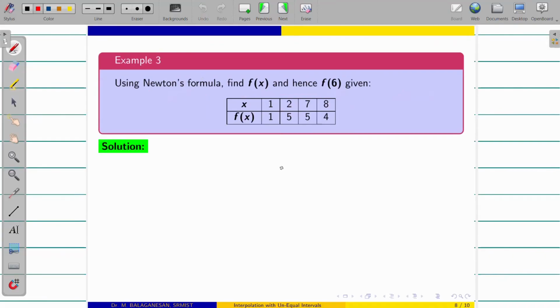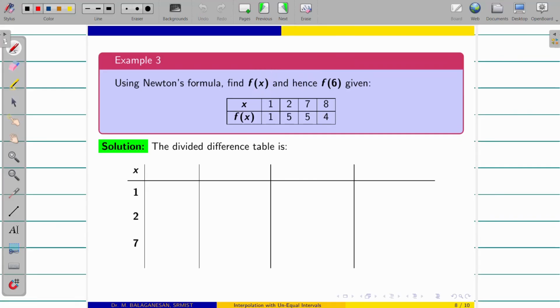Right. Come to the solution part. What we are going to do additionally here: we have to find the f of x, which means we should find the polynomial. I will tell you how to find the polynomial later. First we will find the difference table. The x values, the arguments, are 1, 2, 7, 8, and the corresponding entry values, the y values, are 1, 5, 5, 4. You can ask the question, sir, can I check whether the answer is right or wrong here?